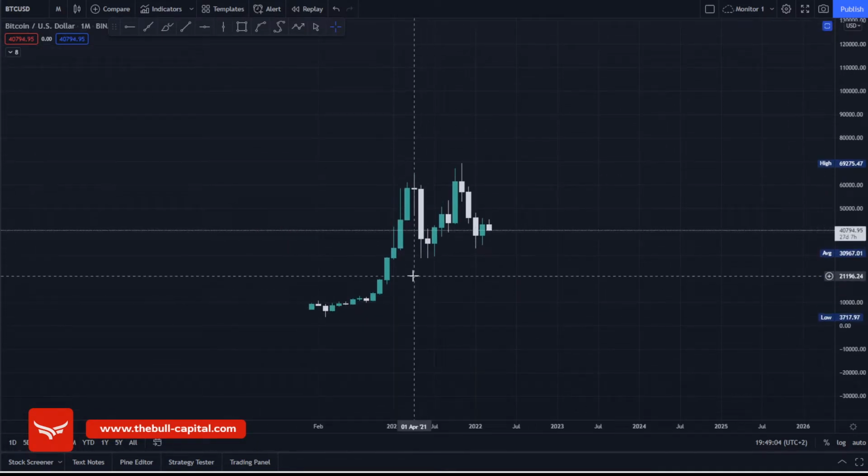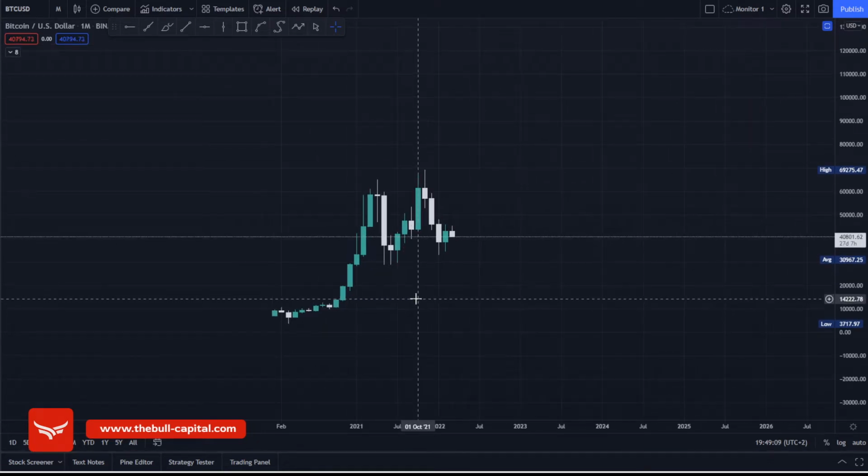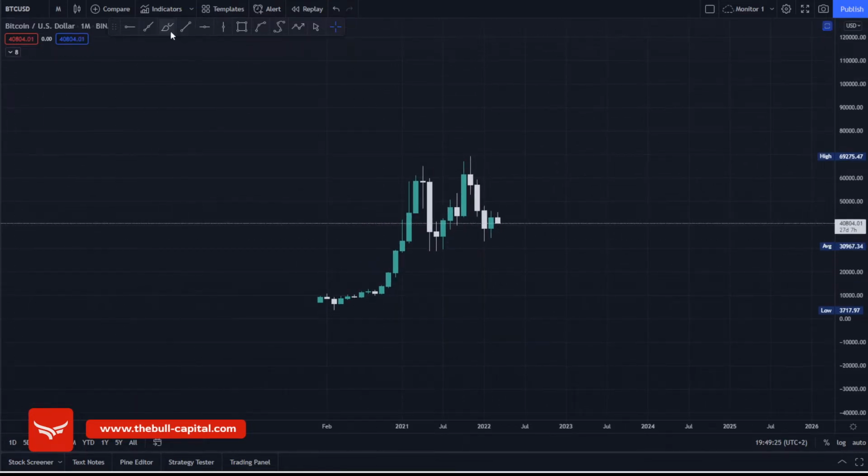It means that each candle has been formed in 1 month. It took 1 month to be formed, from the time that it opened to the time that it closed. So for example, this candle here that I mark with red, it's 1 month.